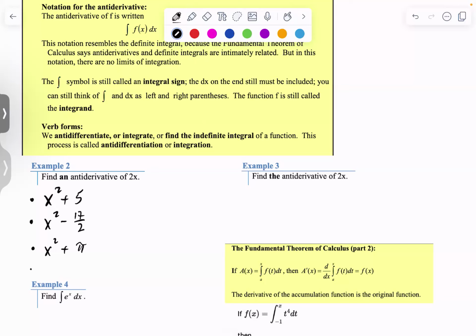So we can have all sorts of antiderivatives. So here are a bunch of specific antiderivatives. But a generalized antiderivative is going to be x squared plus c. And that c can be any constant in the whole world we want it to be, unless there's a reason why we need to specify a specific constant. But we do need to include that plus c as part of the answer.